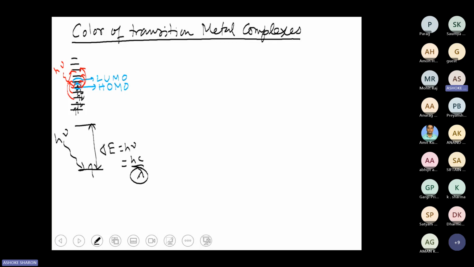If this light falls within the range of the UV and visible, particularly the visible range, then it generates a color. Whatever be the light, UV or visible, suppose now I am drawing this, the VIBGYOR spectrum.